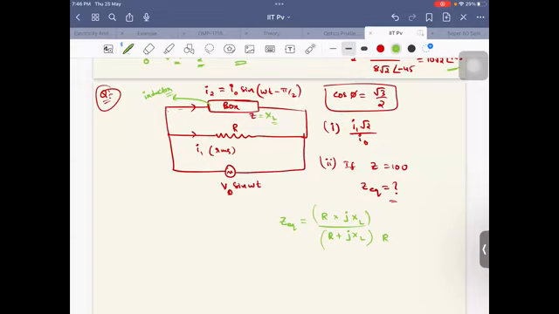How do you convert that, sir? Multiply by R minus jXL in numerator and denominator, so A plus B into A minus B. In the denominator, what will you get? R square plus XL square.